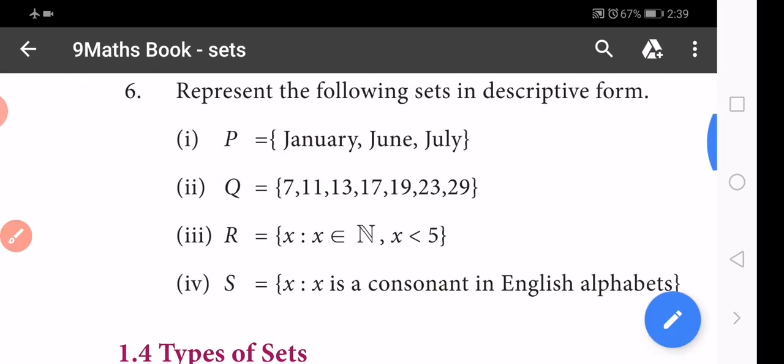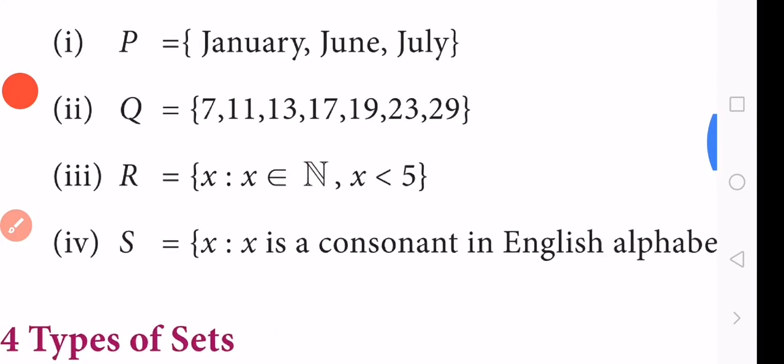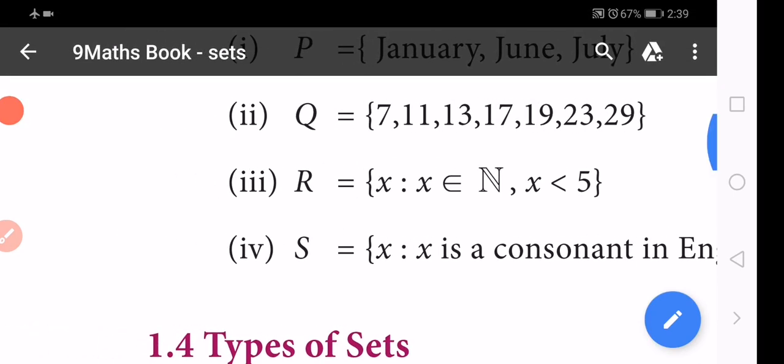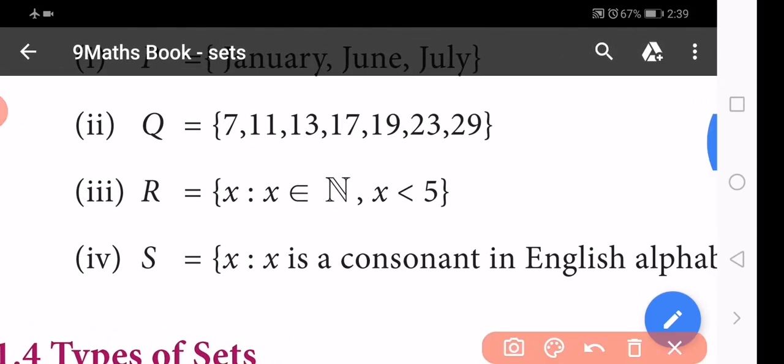Okay students, the third question in set builder form: for all x such that x is a natural number and less than 5. So easy one, the set of all natural numbers less than 5, that's all.